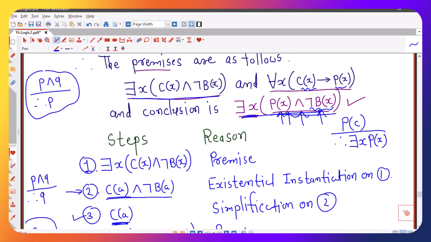So to arrive at this conclusion, if I can find out some value of x for which P of x and negation of B of x are true, then I can use existential generalization and I can get this conclusion.